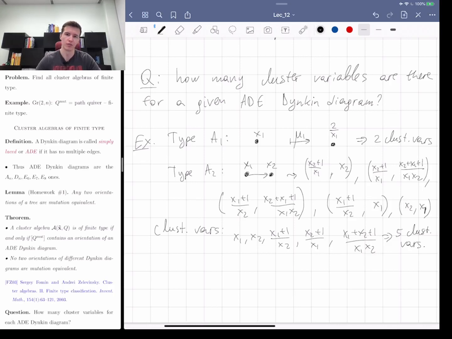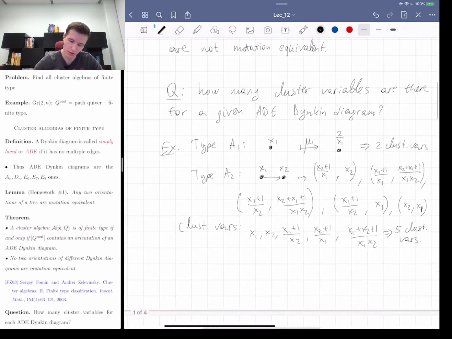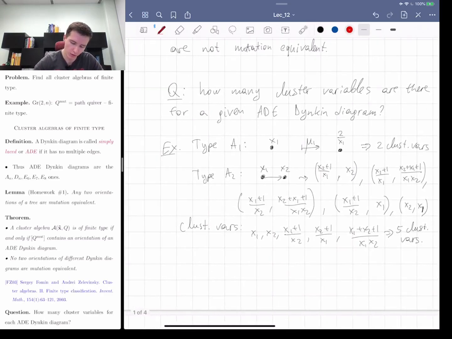And actually, we remember these mutable cluster variables correspond to diagonals in triangulations. So for type A1, you basically have a square with a diagonal like this, and then you mutate, and you get a square with a diagonal like this. So these are the two cluster variables.